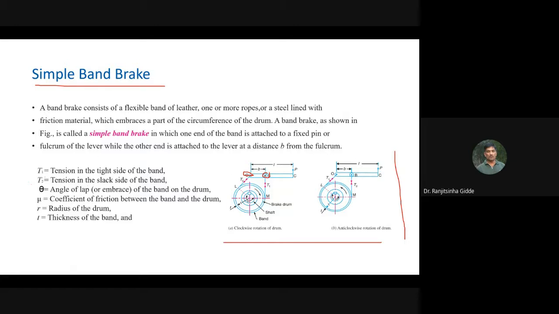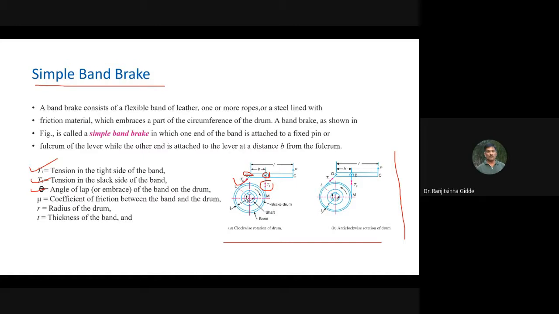So here T1 is the tension in the tight side of the band, T2 is the tension in the slack side of the band. Theta is the angle of lap.